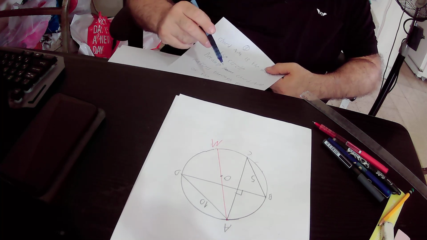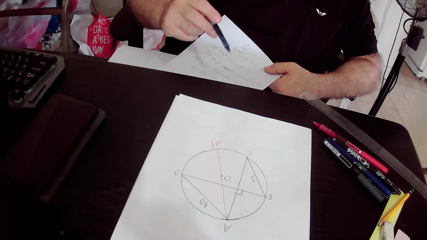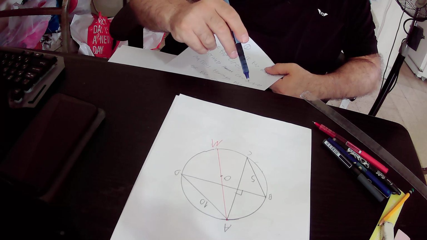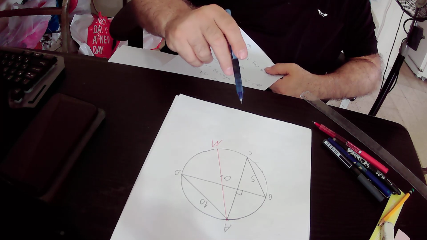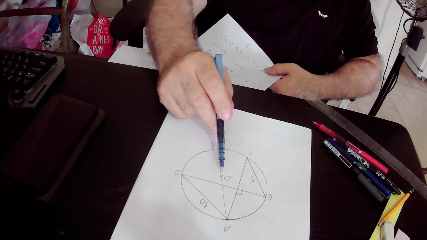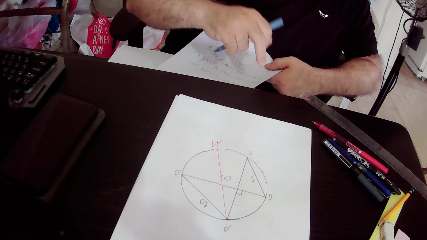Any chord that passes through the center of the circle is defined as the diameter of the circle, and for that reason, AM, which passes through the center of this circle, is defined as the diameter of this circle.